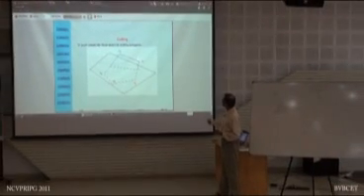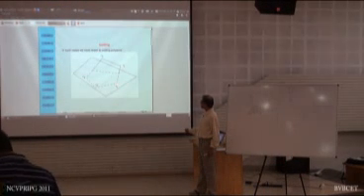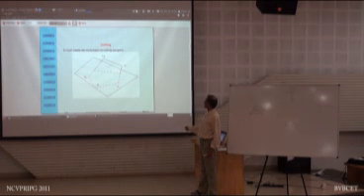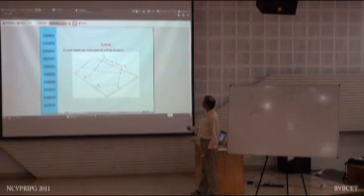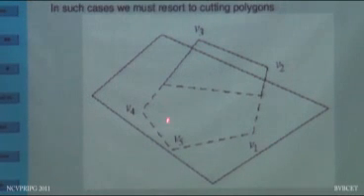You will take, for example, this line segment V1, V2, and let's say V1 is closer to the origin and V2 is away from the origin. You sort of figure out this intersection point. To figure out this intersection point, V2, V3, you will find out there is no intersection point. Both points are completely on the other side of this polygon.